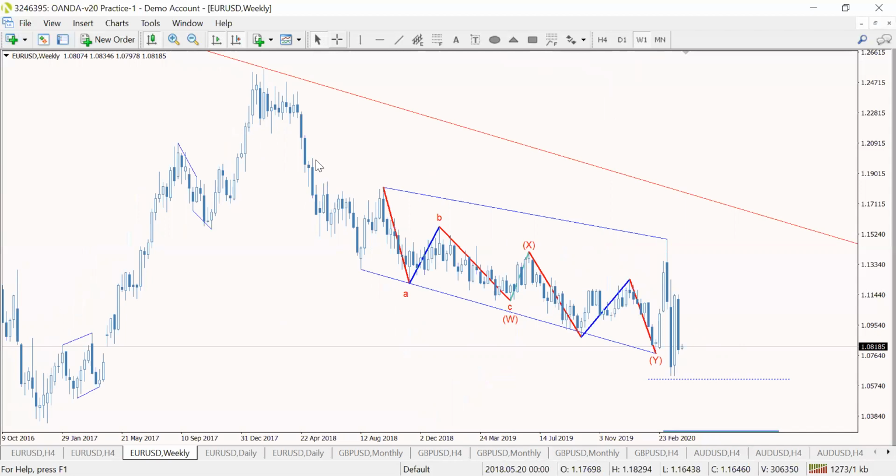As you also remember, I said this move right here can be equal to this move. It's supposed to be equal to this move. It's supposed to be like this.